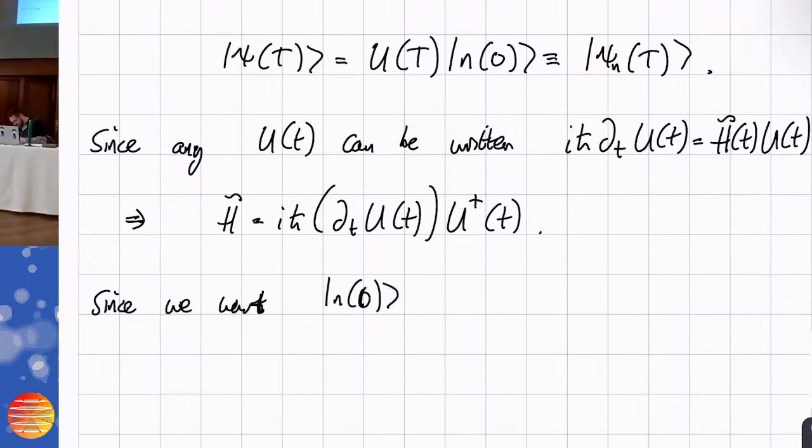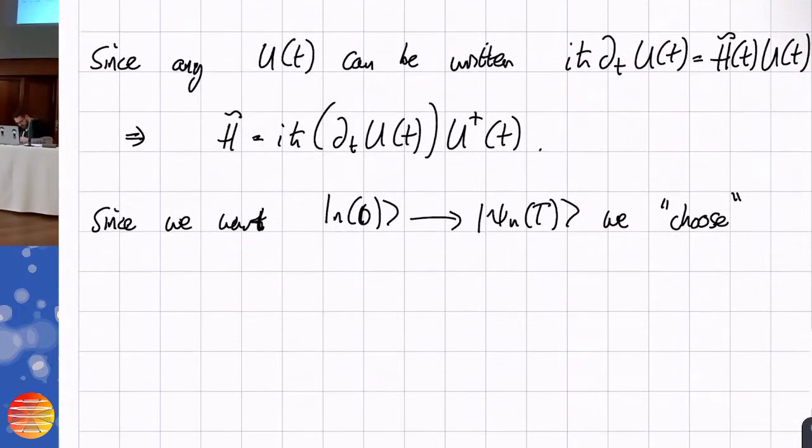My initial state needs to go to this psi n of t, so we choose what our unitary is. We can choose what U of t is, and it looks a little more complicated than it is.